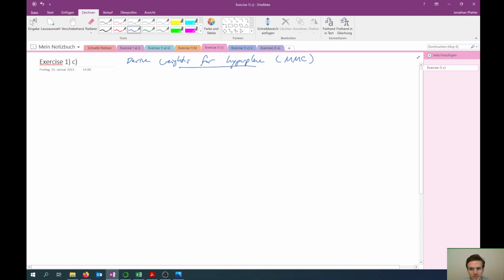So how do we derive these weights? Well, we start with the Lagrangian. So this is the square of the L2 norm.